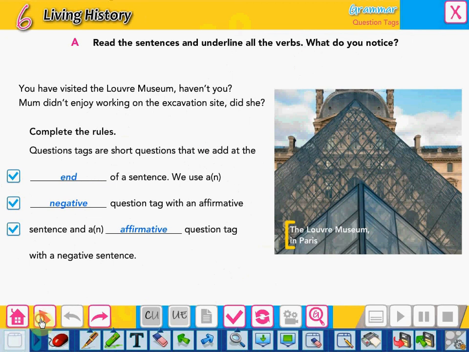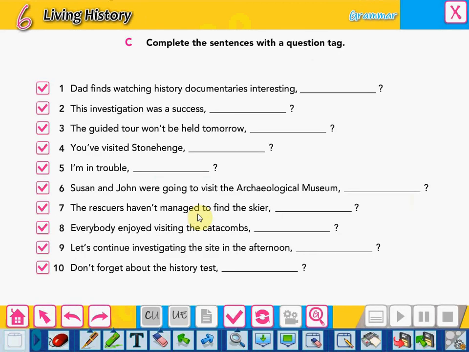Now let's go to the exercise C. Complete the sentence with a question tag. Dad finds watching history documentaries interesting. So what should be, or what is the question tag? Dad finds. Very good, doesn't he?